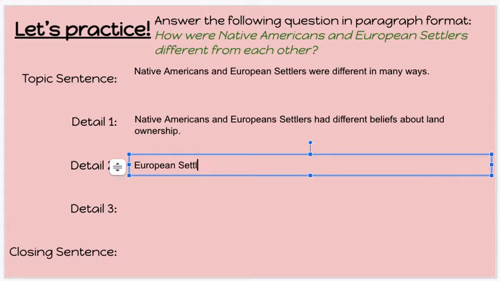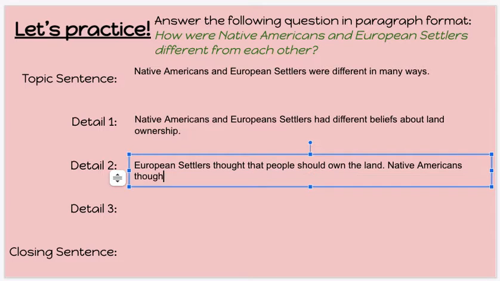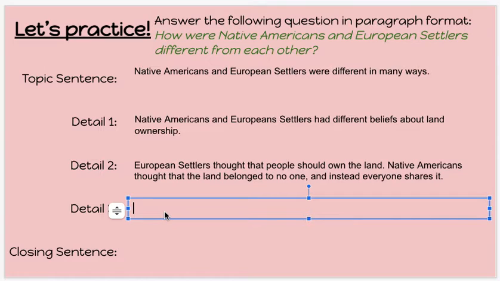European settlers thought that people should own the land. Native Americans thought that the land belonged to no one, and instead everyone shares it. So that's offering more details.